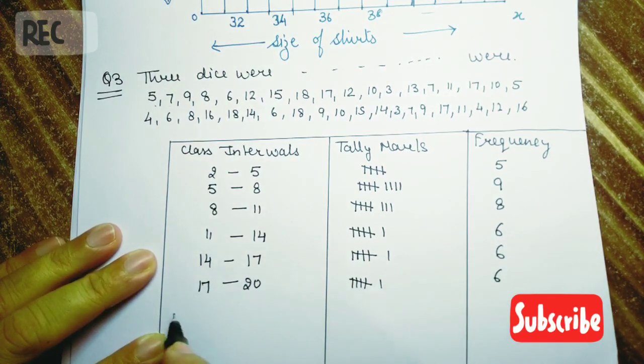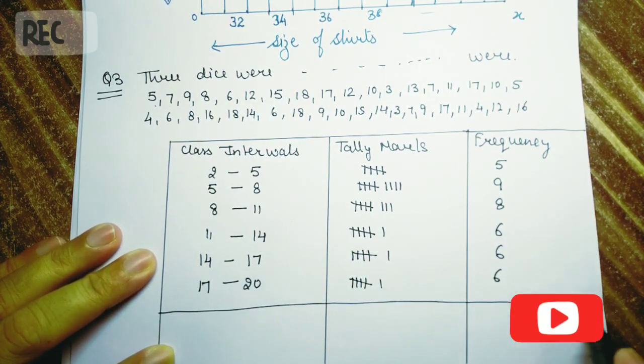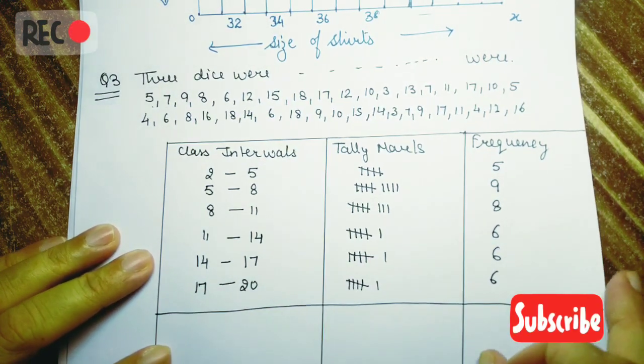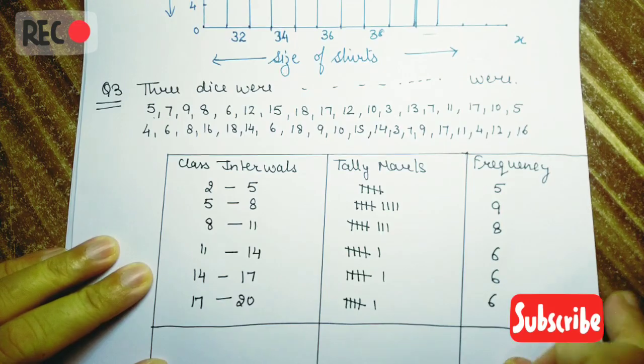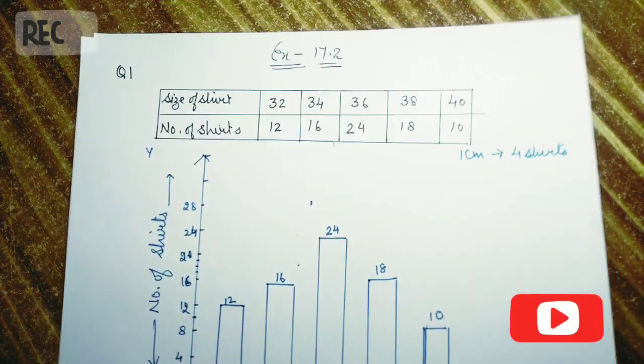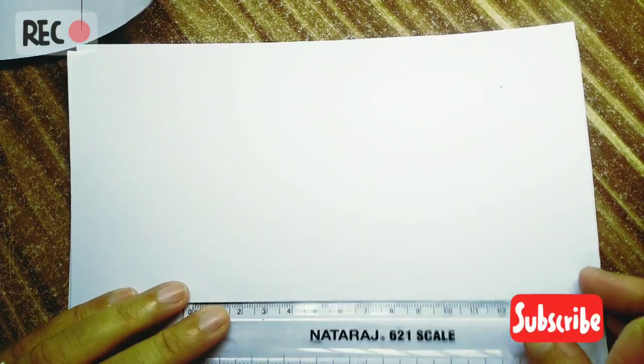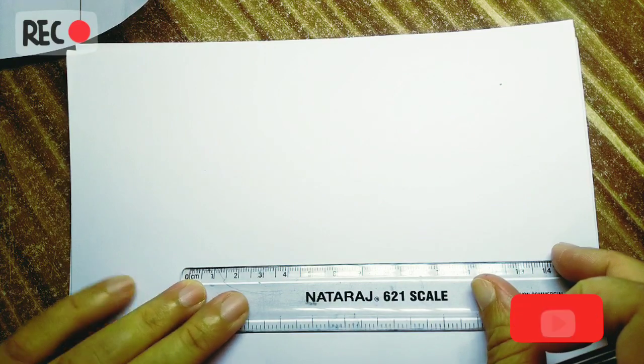Okay, now students, we have drawn our frequency distribution table. On the basis of this frequency distribution table, we are going to construct our histogram. So how? Let's see. First of all, students, we have to draw our x-axis and y-axis.